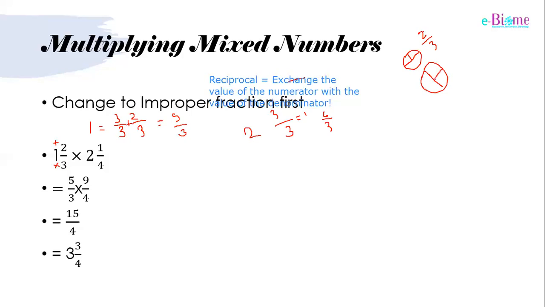Now I have 3 upon 3, and now I have 3 upon 3. Now both of these would really be 6 upon 3, which gives us 2.